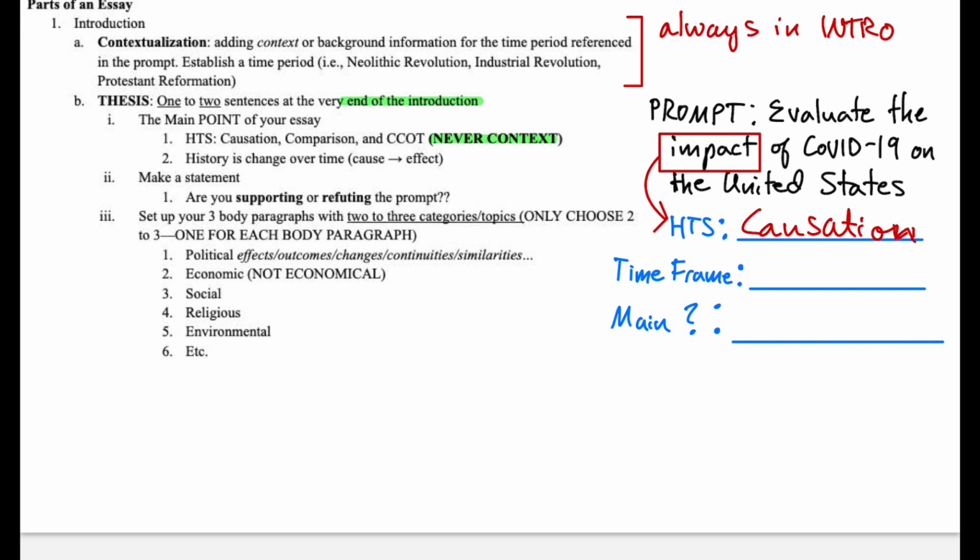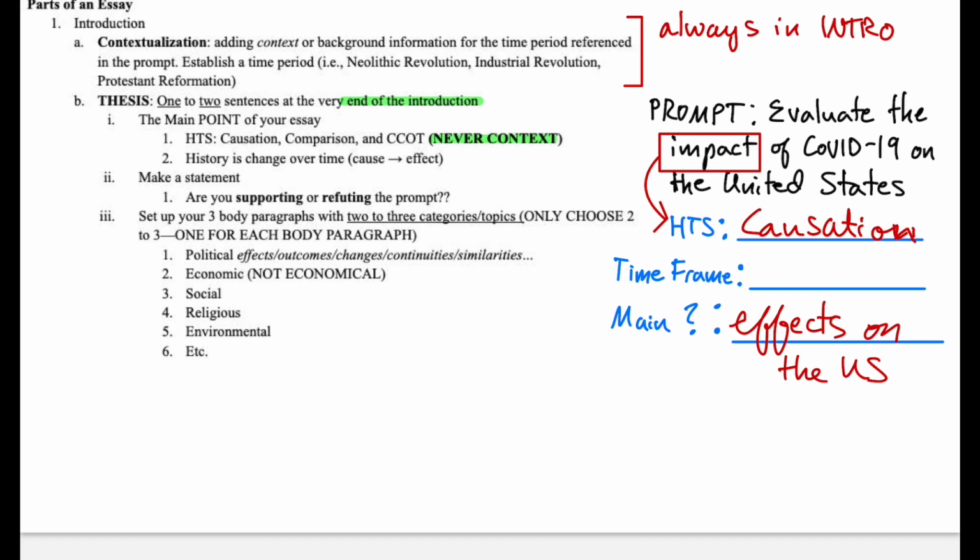So the main idea we're looking for here is effects on the U.S. Not on China, not on Australia, not on the North Pole, okay, but just the impacts of COVID, the effects of COVID on the United States.